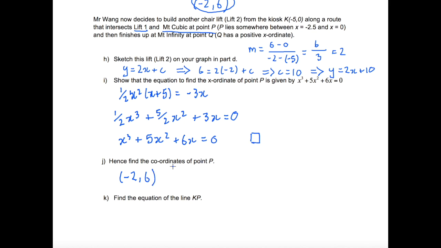Find the equation of the line KP. We already did that. That's y equals 2x plus 10. I think this is a typo. I think this should have been lift 1. Anyway, you can think about that.